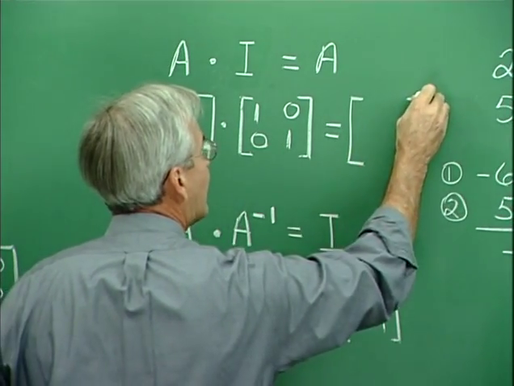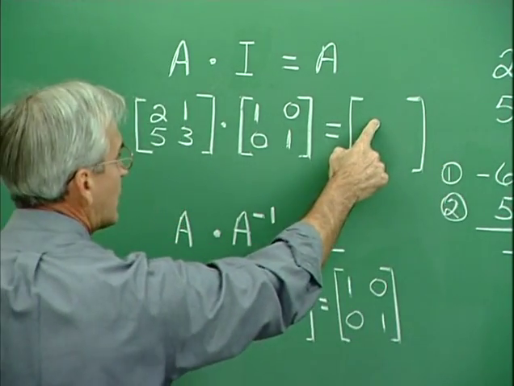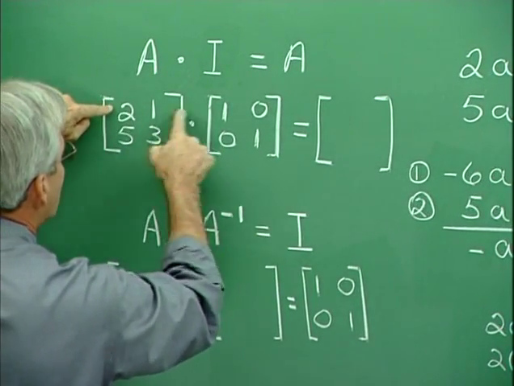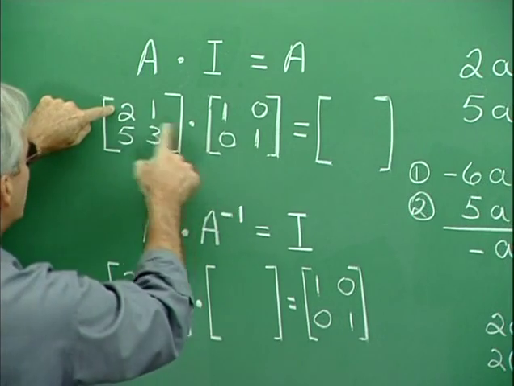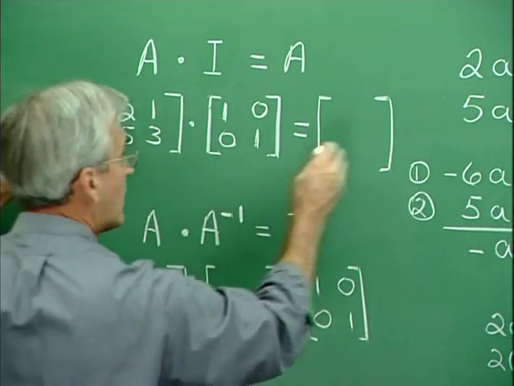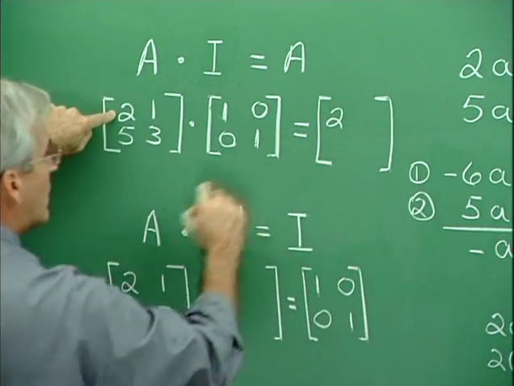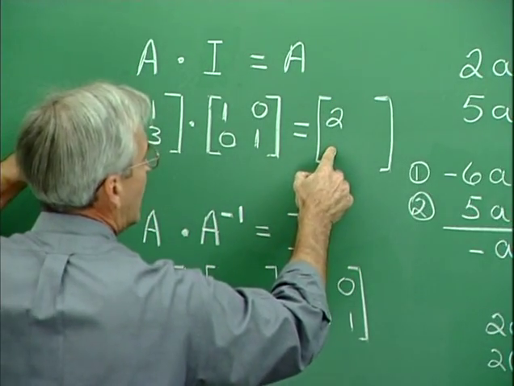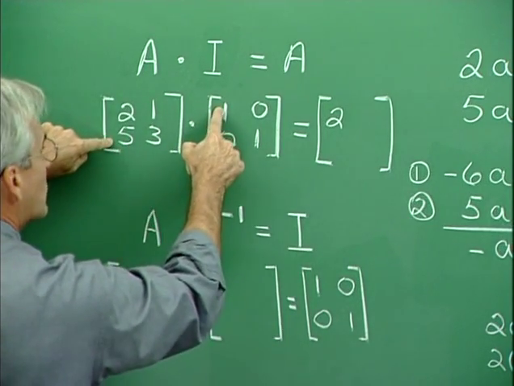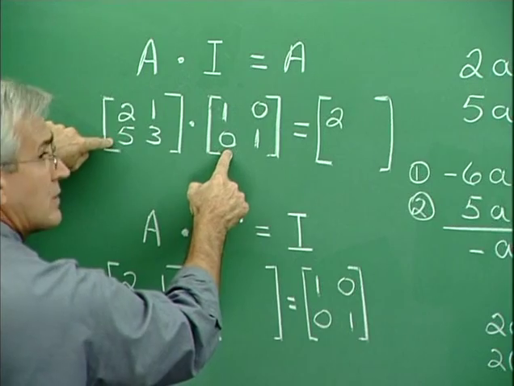Now think about that. For this entry, we're talking about first row, first column. So we multiply along the first row times the items in the first column here. So 2 times 1, 2, and then 1 times 0, 0. 2 plus 0 is 2. And then down here, we're talking about second row, first column. So we have 5 times 1, 5, plus 3 times 0, 0.